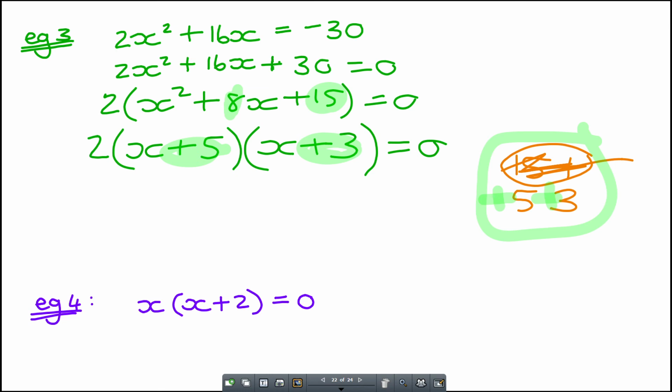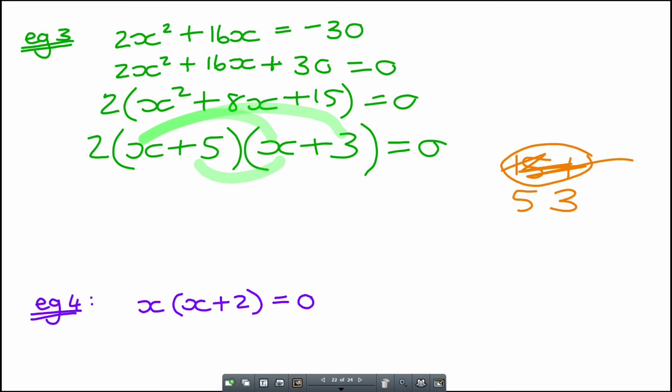Yeah, that was just the method of how we factorize, because now when I go and multiply back in, which we're not going to do now, but if I did, x times x would give me the x squared. X times 3, 3x. 5 times x, 5x. So 3x, 5x, 8x. Right.